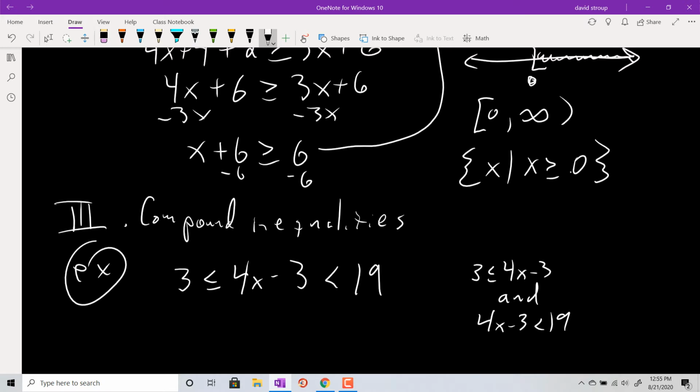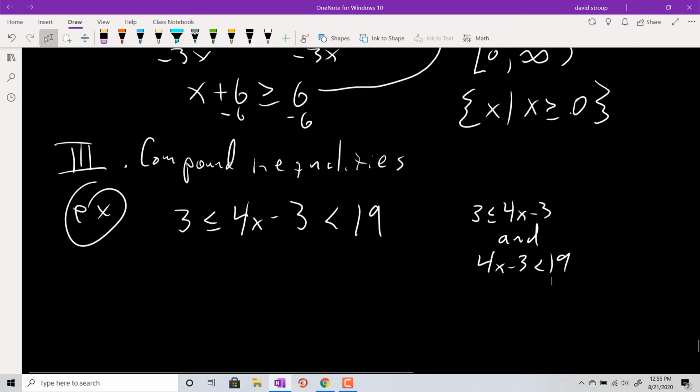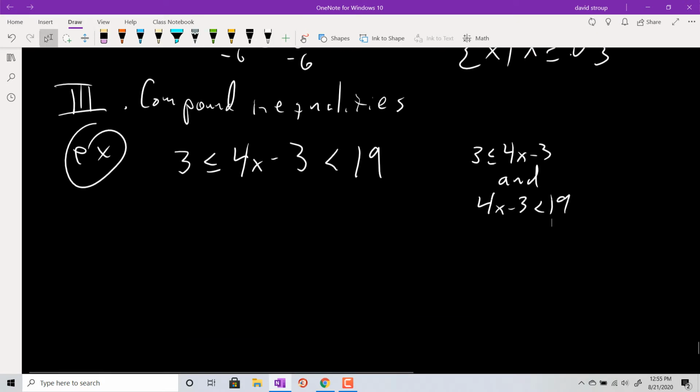So you could work with them separately, but it's easier to just work with them all at once. I can add 3 to isolate the variable in between, but if you add 3, you have to do all 3 sides. So you'll have 6 less than or equal to 4x less than 22.